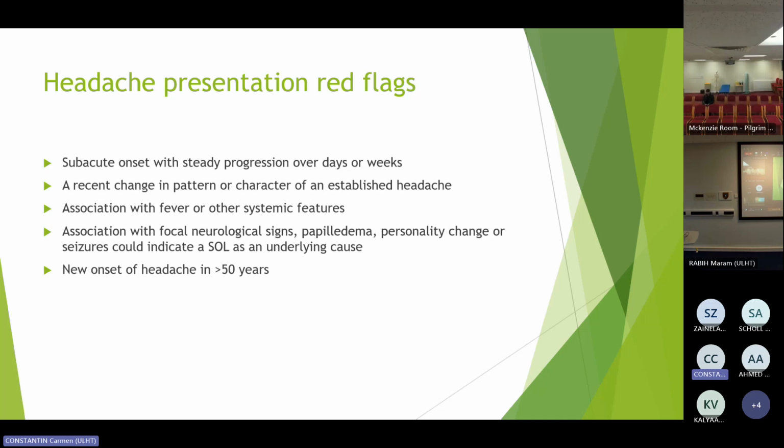For example, if we have associated fever or other systemic features, or if we have focal signs along with papilloedema, personality changes, or seizures, all these could raise suspicion of a space-occupying lesion or other central cause. And also when we have a new onset of headache in patients above the age of 50. This is when we really have to image the patient and make sure that we have at least a head scan.